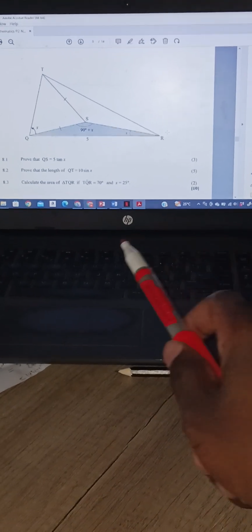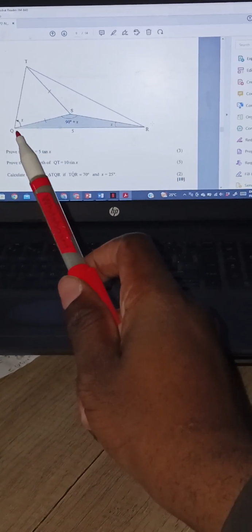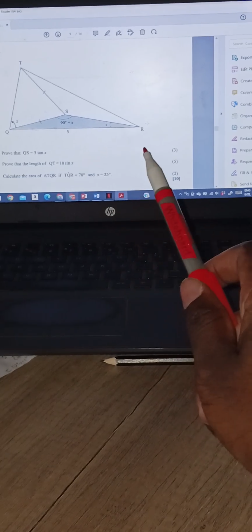Okay, now the first question is to prove that QS is equal to 5 tan X. Now, how do we do that? The best way to do this is to isolate the diagram that has more information. Which diagram has more information? If we redraw triangle QSR. So let's try and redraw triangle QSR.